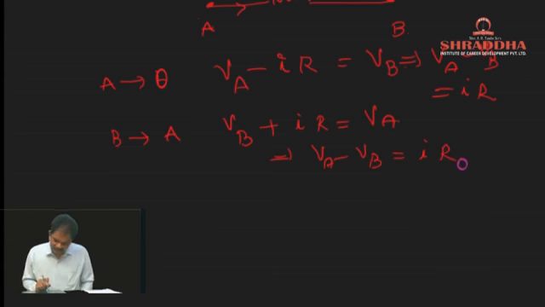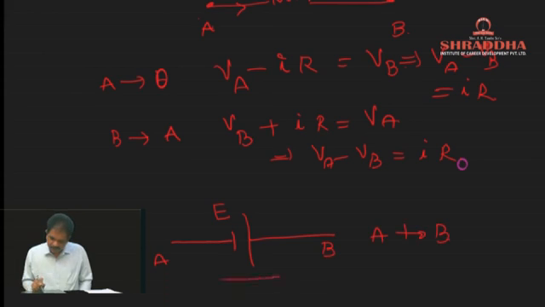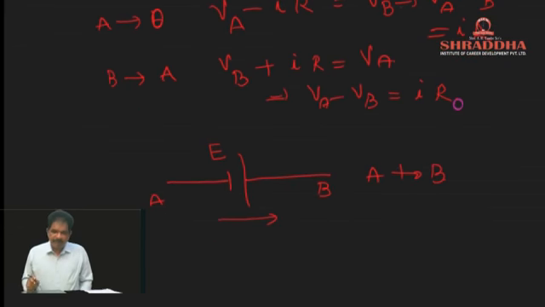Next, for example, there is a battery here of EMF E. Then what will happen? If we are moving from A to B, it means we are moving from the negative to the positive terminal. For a battery, we are going from low to high.